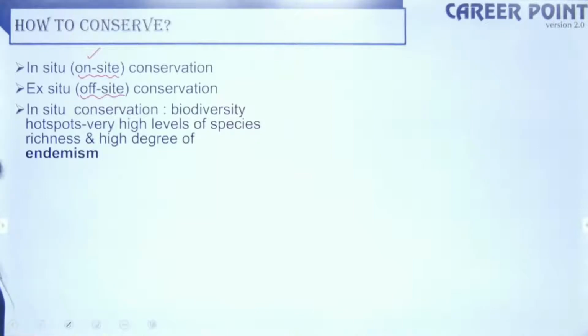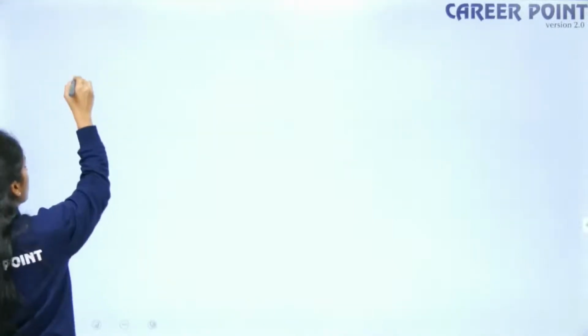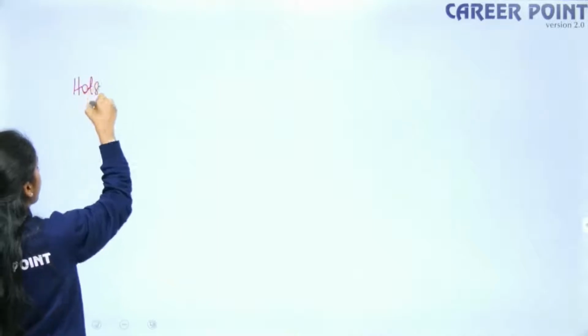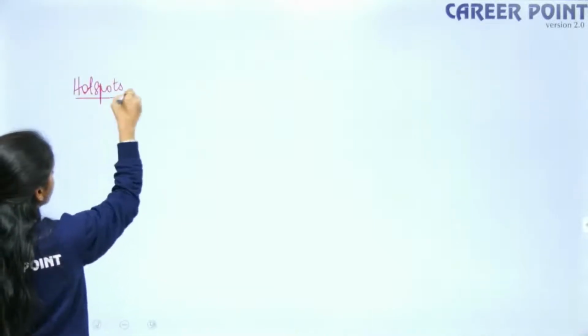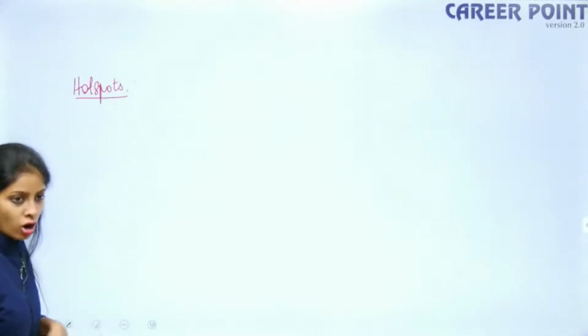In situ conservation, so biodiversity hotspots, which have very high levels of species richness and a high degree of endemism. So before we go, what are hotspots? What does it mean if I say biodiversity hotspot?